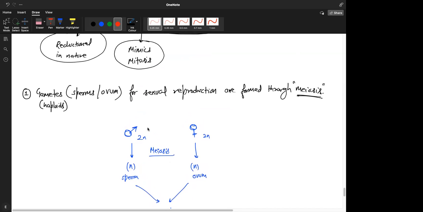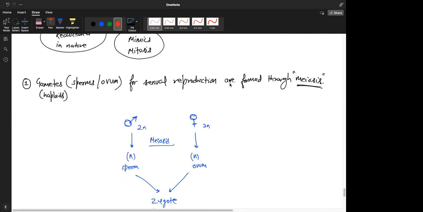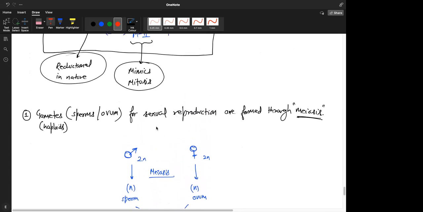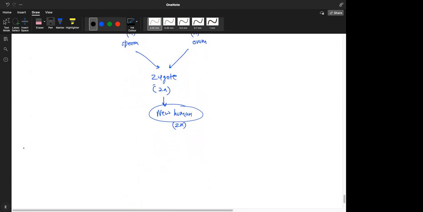Okay, write down the next important thing about meiosis. Gametes for sexual reproduction are formed through meiosis. Second, meiosis involves two cycles of karyokinesis and cytokinesis.